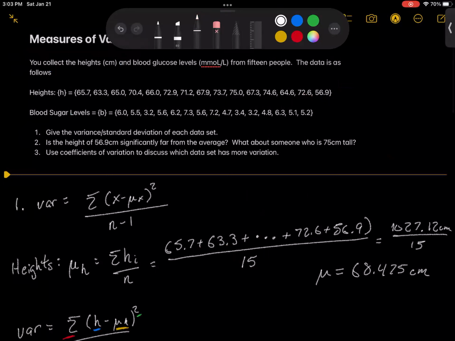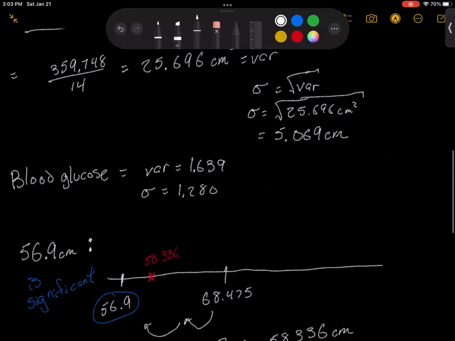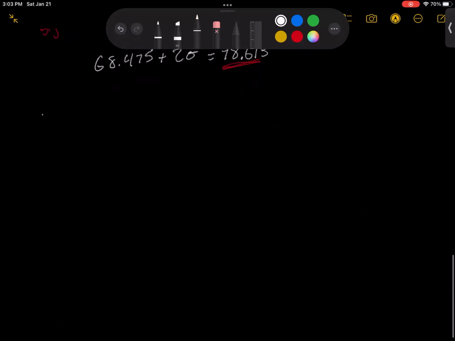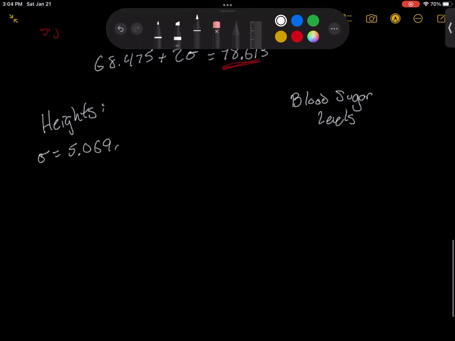All right, now number 3, use the coefficients of variation to discuss which data set has more variation. So let's summarize everything that we have so far. Let's talk about the heights and the blood sugar level. The heights had a standard deviation of 5.069 centimeters.